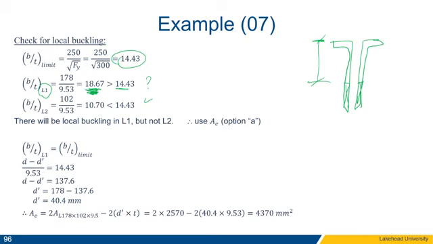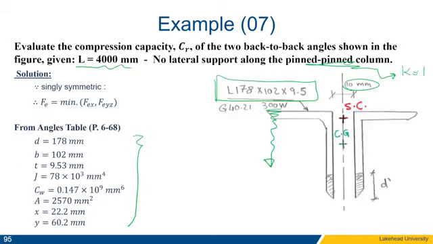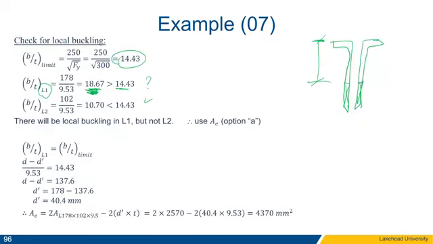And that's exactly what we did. So we assume the dimension of D dash that will be taken out of the angle, and the only unknown, by saying that the buckling slenderness equals the limit. So we put all the dimensions, and the only unknown is D dash.